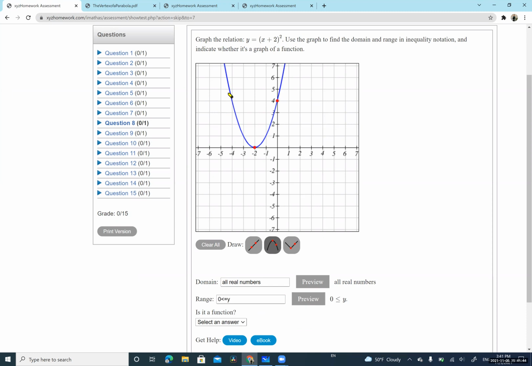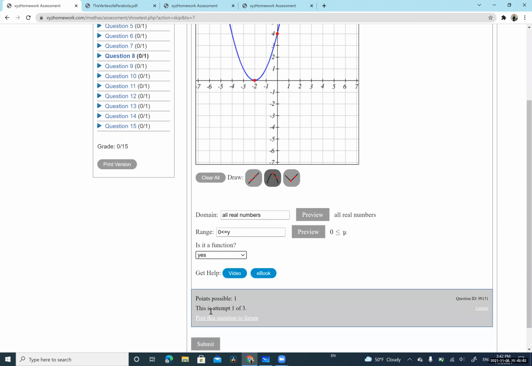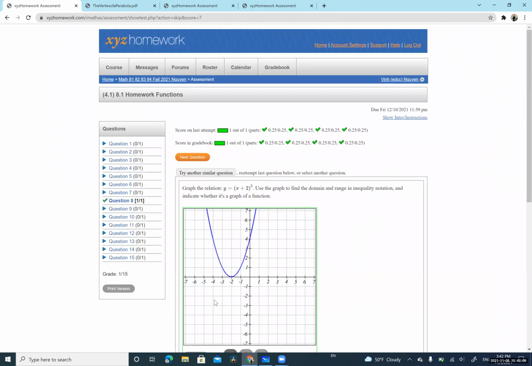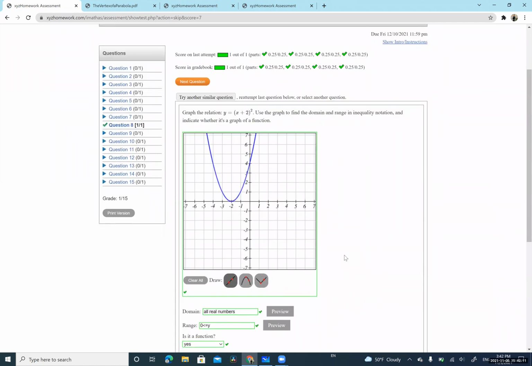Whenever you draw a vertical line, it will pass through the graph at most one time. Okay, so this is a function. So yes, this is a function. Now I have all three of them answered. So I submitted, and yay, I have this correctly.